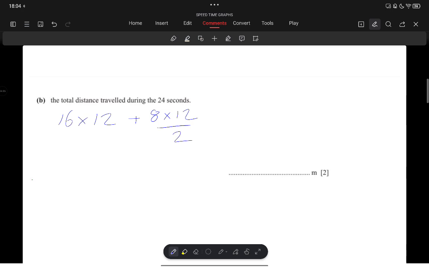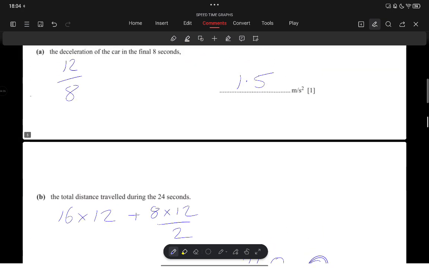And yes, of course, we could just type the whole thing onto our calculator, but we don't do that, do we? We use proper method. We show proper method. 8 times 12 divide by 2, and 240 is my final answer. Always worth checking the units. They are asking for the answer in meters.